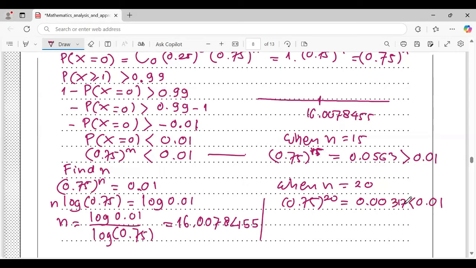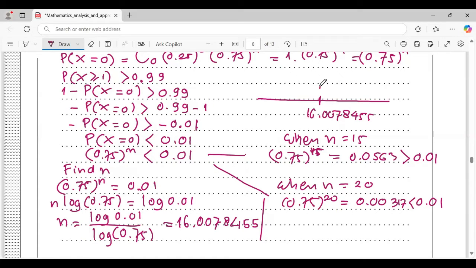Compared with the inequality 0.75 power n less than 0.01, this is correct. If n equals 21, it is also correct, since 0.00317 is less than 0.01.